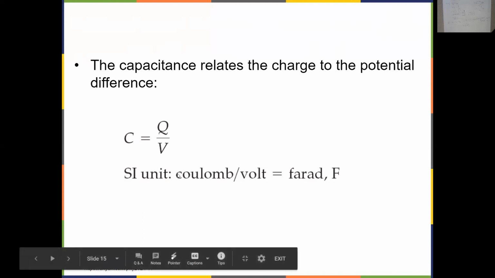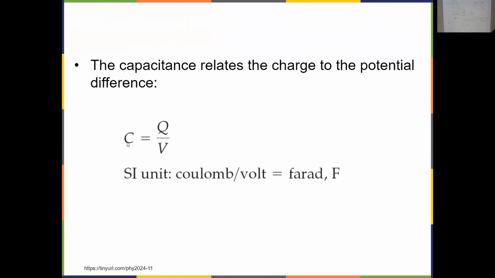The charge stored divided by the electric potential between the two plates gives you the capacitance. This has an SI unit of coulombs, from the charge Q, divided by volts, from the potential V, and it's called the farad, with the symbol capital F.